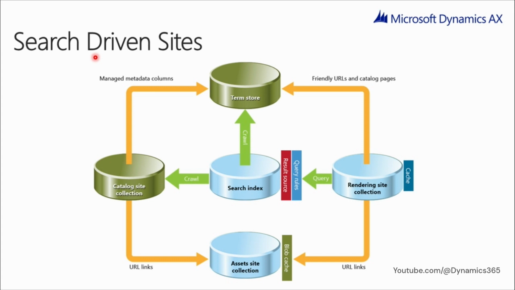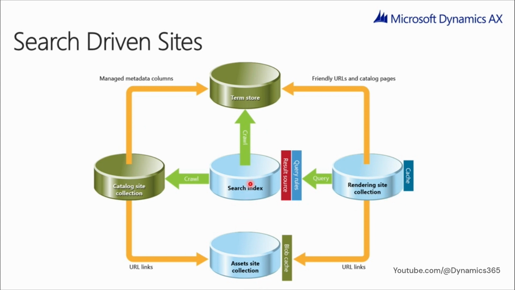The out of the box starter storefront included with the product is fully functional, and it can be seen as a starting point to create a customized user experience based on specific needs. So, here with search driven sites, we will mainly look at the term store, catalog site collection, rendering site collection, asset site collection and search index.